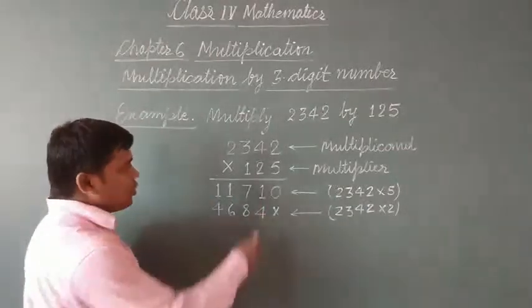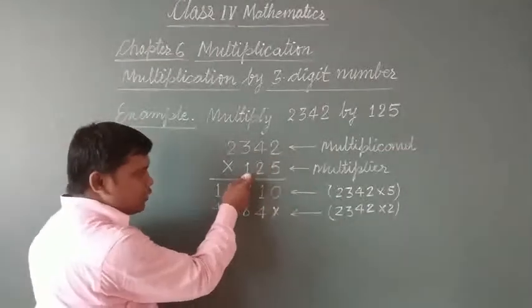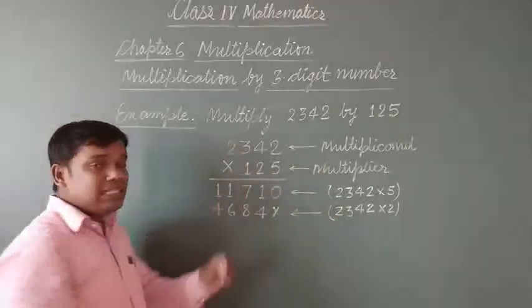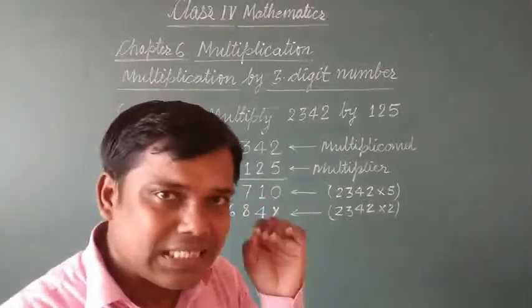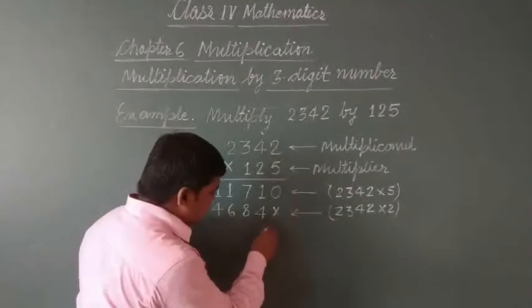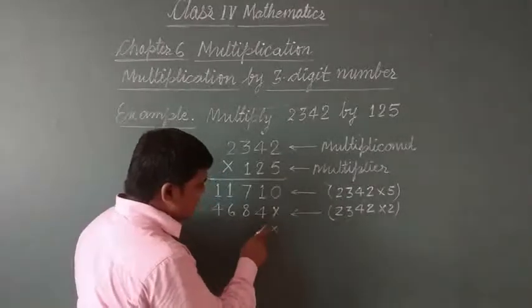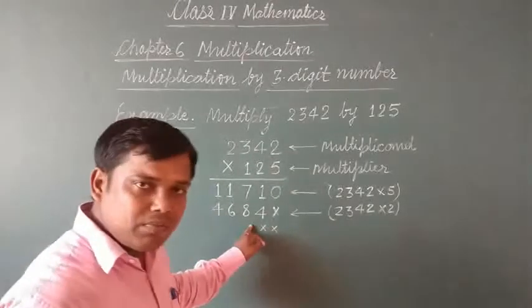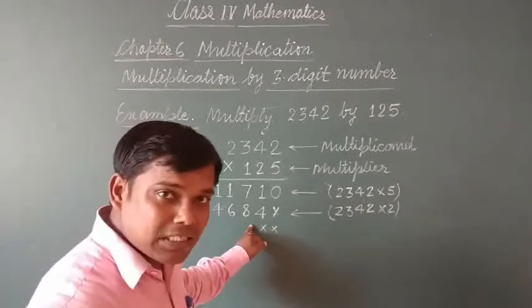Now we are going to multiply by 1. That is, 1 is at the 100's place. At the 100's place, so we will leave 2 places here: 1's, 10's, and the product we write from the 100's place digit.